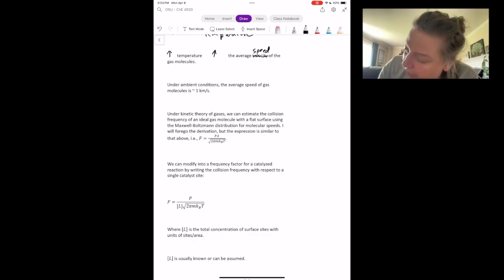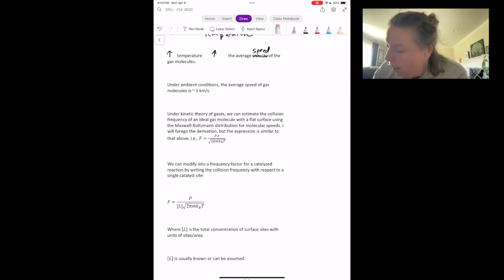You see also we have this area term here, whereas it didn't exist above. If we're trying to use this as a frequency factor for a catalytic reaction or an adsorption reaction, what we're going to do is replace this area term with the site density.